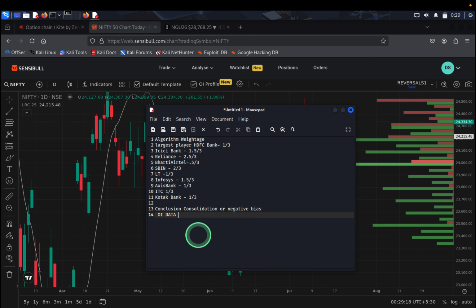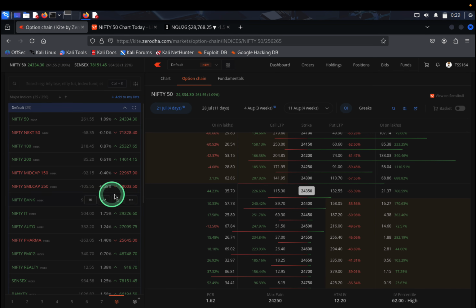OI data conclusion: 24,200 support, the rest upon resistance and consolidation. This carries 3 points and we will give it 1 out of 3. So 6 points are done for Nifty, trading in Nifty.